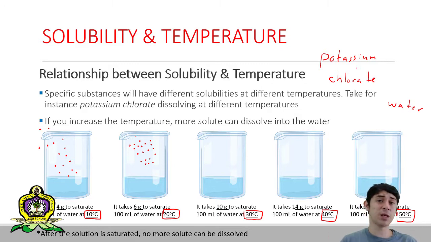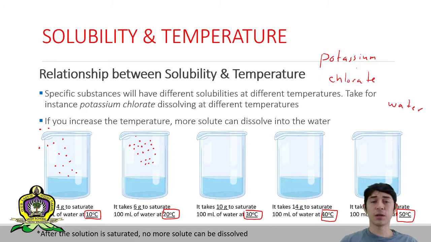Remember that the previous beaker could only dissolve 4 grams of salt. Now at a temperature of 20 degrees Celsius, it can dissolve 6 grams, but it could not dissolve more. 6 grams was all it took to saturate the solution. That means that even if I added 1 extra grain, that grain would not dissolve.